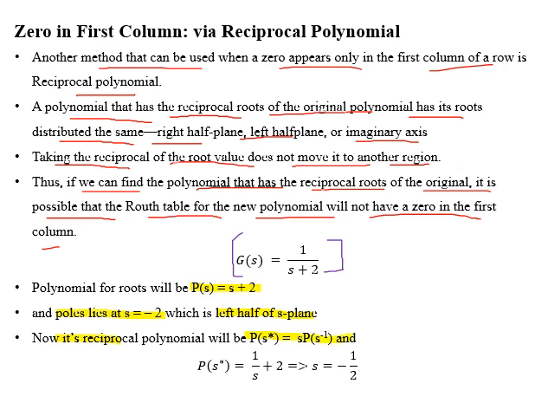Now its reciprocal polynomial will be P of S star equal to S into P of 1 over S, which means replacing S with 1 over S in the original polynomial P of S, and the root of the reciprocal polynomial will lie at S equal to minus half. So the poles of the original polynomial and the reciprocal polynomial both lie in the left half.